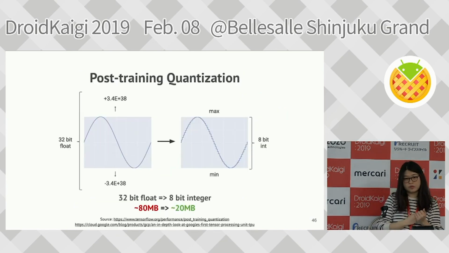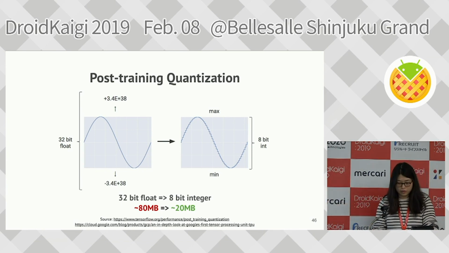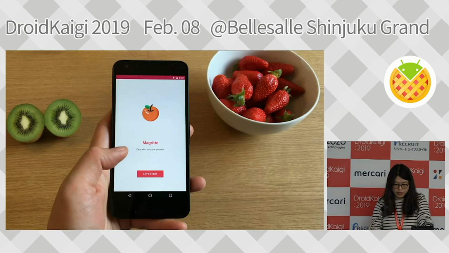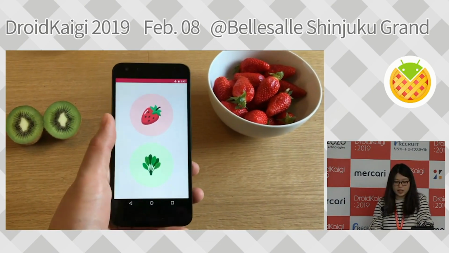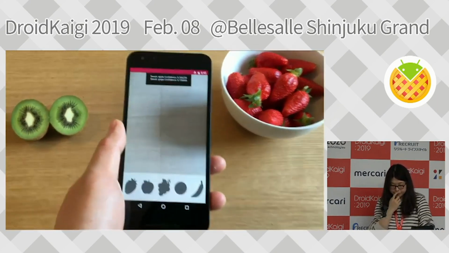So one of the optimizations you can do is quantization. Once you do the quantization, you gain around 75% of the model size. So I did my first version here, at the beginning of 2017. Let's learn to say the name of some fruits.